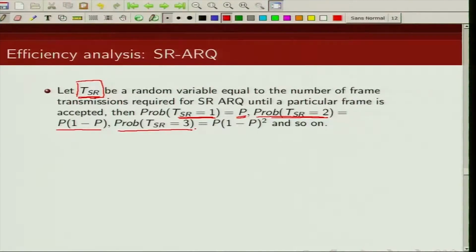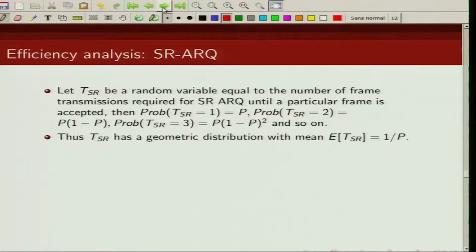It means that in the first 2 transmissions we did not accept the packet, that probability is (1 minus P) squared, and the third transmission we accepted it, so that is P times (1 minus P) squared. So we can see that this random variable has a geometric distribution, and the expected value of this is given by 1 divided by P.